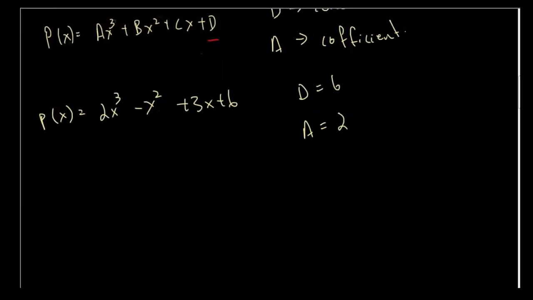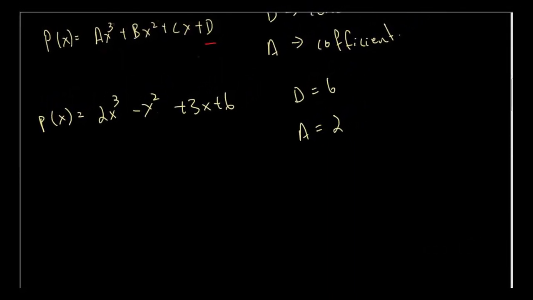Now what a tells you is how the factors are going to look at the end. Because you have x cubed, you'll have three factors: x plus k1, x plus k2, and x plus k3, where k can be any number.